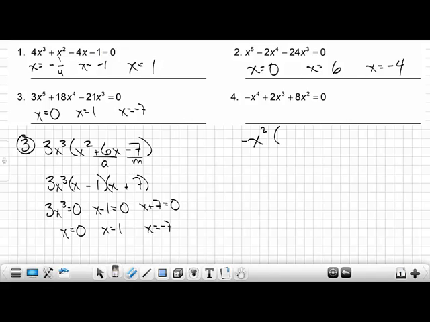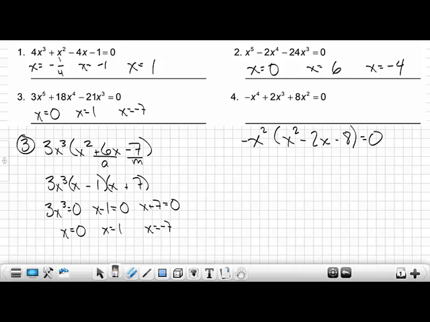Negative x squared. So Michael, if I take negative x squared out of negative x to the 4th, what's left? X squared. If I take negative x squared out of positive 2x cubed, what's left? Negative 2x, because I'm taking a negative out of a positive, it makes it change signs. Okay? Negative x squared out of 8x squared? Negative 8. Good job learning.